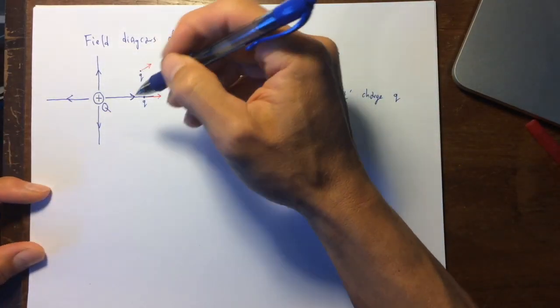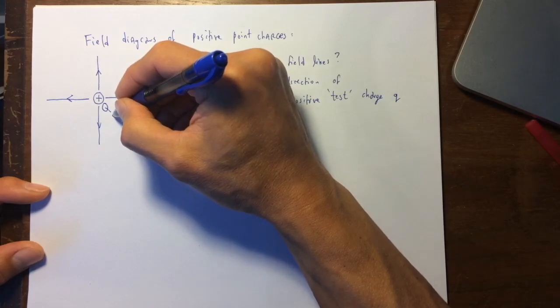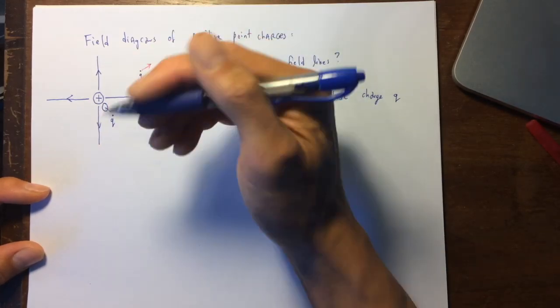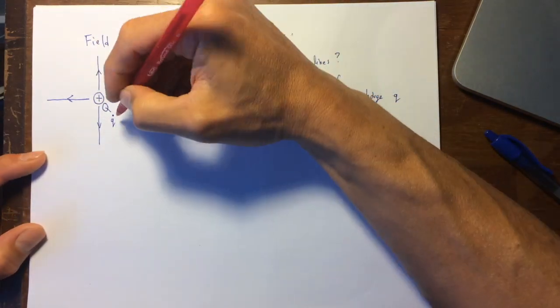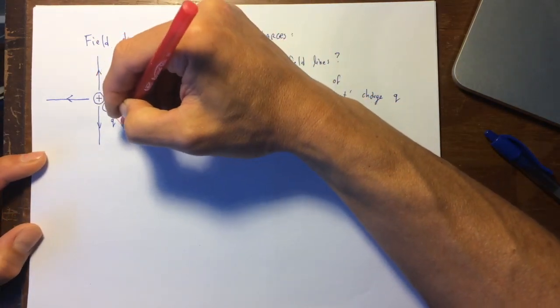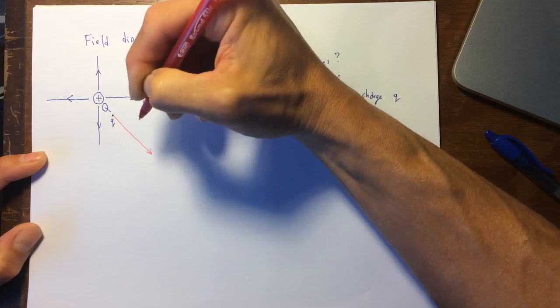If I was to put the point charge q here, though, it's closer, and the strength of the field is actually quite a lot bigger. So let me explain something.